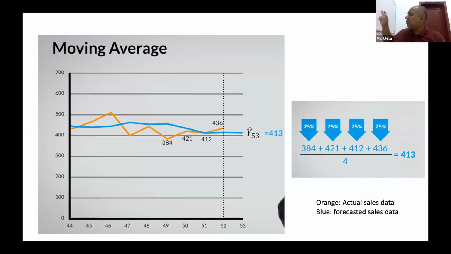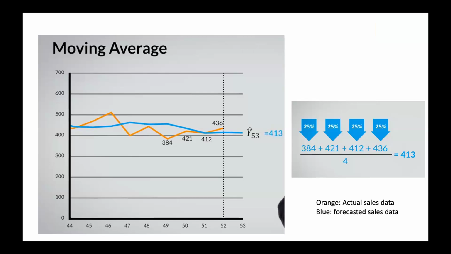Like I told you, 2022 Qatar is different from 2024, or 2003 is different from 2002. So you can't directly copy every year. So go for the last 4 months, the last 4 weeks, and that will give you a moving average.